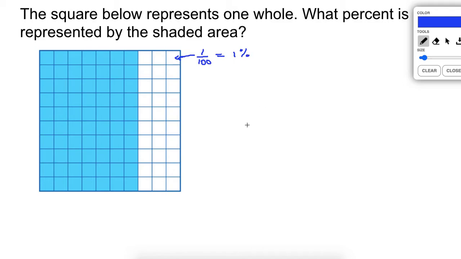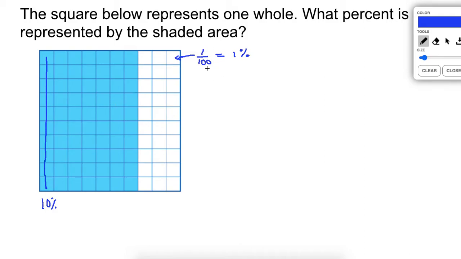That becomes pretty easy to calculate. If each one is 1%, we have 10 of them down here, which means this whole row is equal to 10%. So each square is 1%, each row is 10%. With that, you can figure these grids out fairly easily.